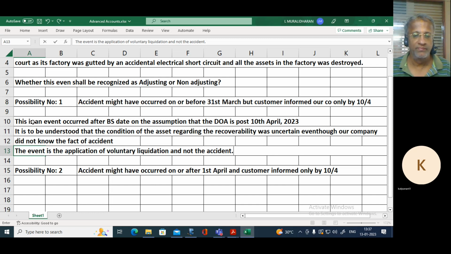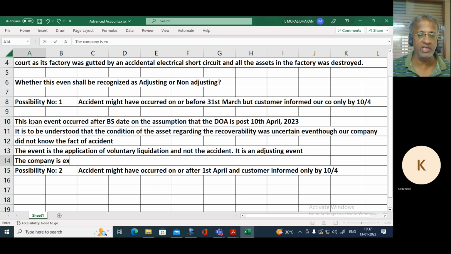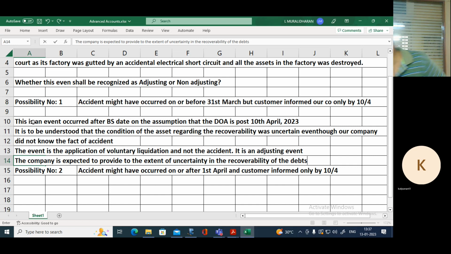Correct? Because of the accident, there was uncertainty on the balance sheet date. So it is an adjusting event. The company is expected to provide to the extent of uncertainty in the recoverability of the debts. That's it. Next.